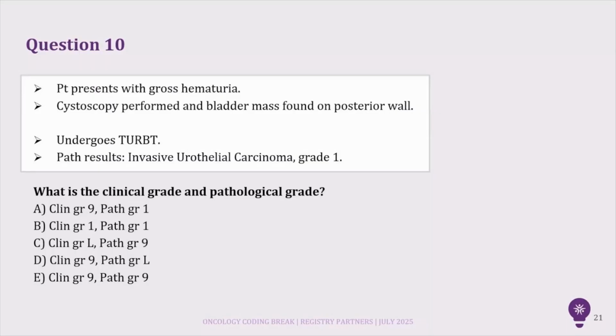Okay, so a TURB, invasive urothelial grade 1.